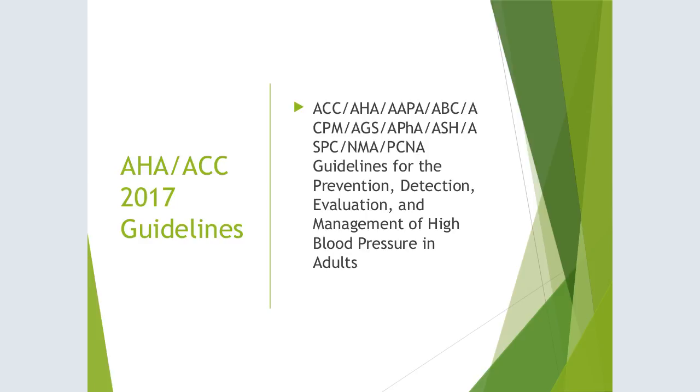ACPM, American Geriatrics Society, APHA, ASH, ASPC, NMA, and PCNA, which is Preventive Cardiology Nurses Association. I got that. So all these people came together and came up with the guidelines for prevention, detection, evaluation, and management of high blood pressure in adults. Okay? All these people came up with this thing.